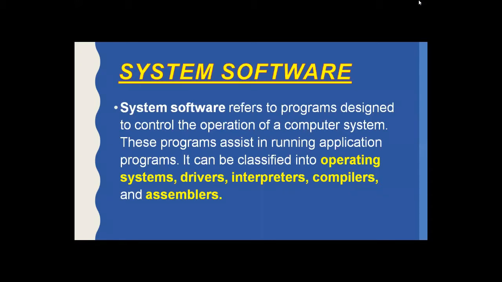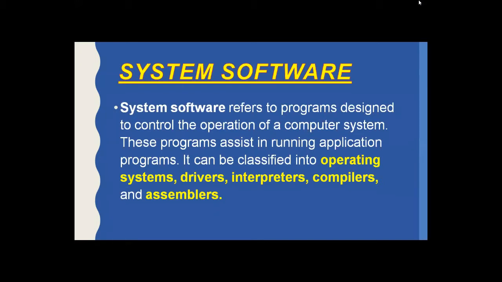These programs assist in running application programs. Okay, system software is used when we operate any software, when we assist any software during running any application. So system software helps us at that time. So what is the main purpose or the main function of system software?